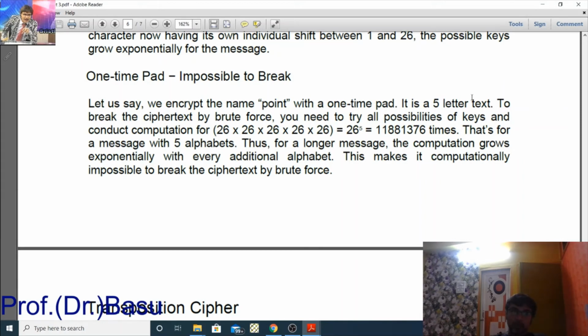You use a key one time, then scratch it out from the pad, because we have a huge number of permutations. As the number of letters increases, the number of permutations increases. So each and every time this key keeps on changing. This is very important.